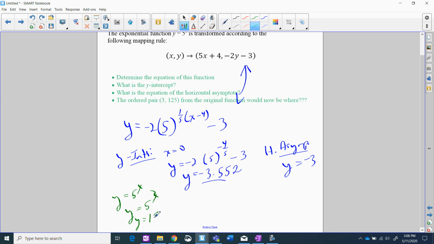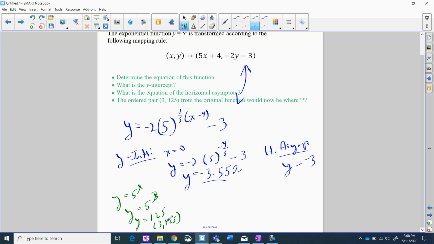So yes, that was a 3. You would get 125. So 5 to the 3, y would equal 125. So the ordered pair 3, 125 is on the base function. Sometimes they don't give you these. They say find 3 ordered pairs from the base function and translate them to the new function.